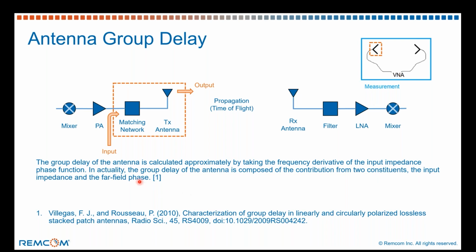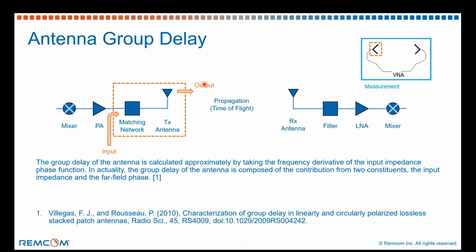And so what we've developed here at Remcom, and this may be familiar to all of you, is an antenna group delay metric where we're looking at what is our input measured at our voltage source going into the matching network or into the transmit antenna, and then what is our output measured over here, incorporating the input impedance as well as the far field phase.